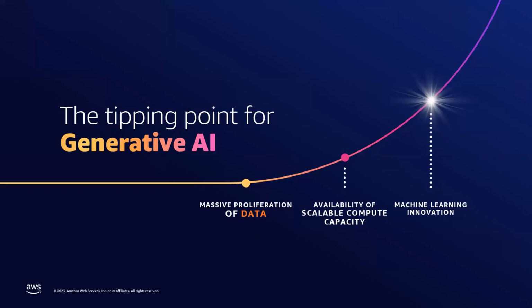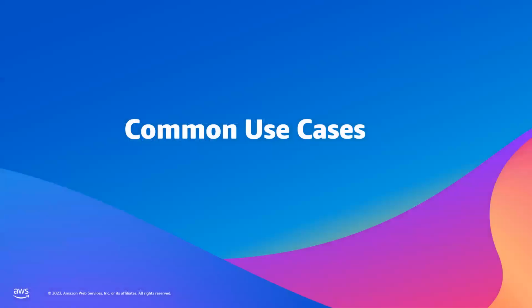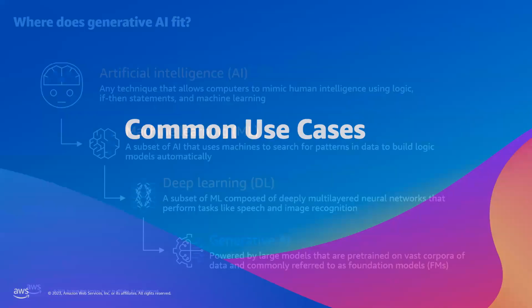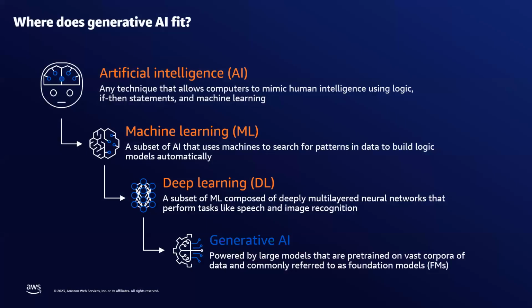So we're at this tipping point where it actually makes sense for generative AI to be a part of our daily lives. And so some of the use cases that we see when we're talking with our customers are pretty vast. And to be honest, a lot of times before we even get to the point of offering a solution, we meet with our customers and work backward with them.